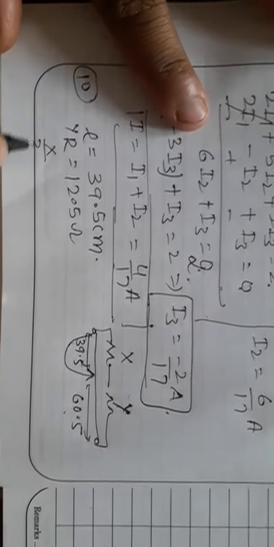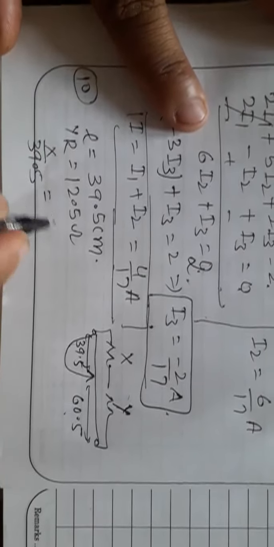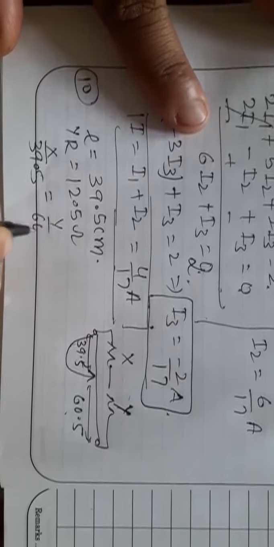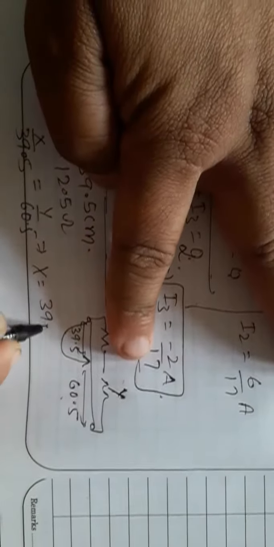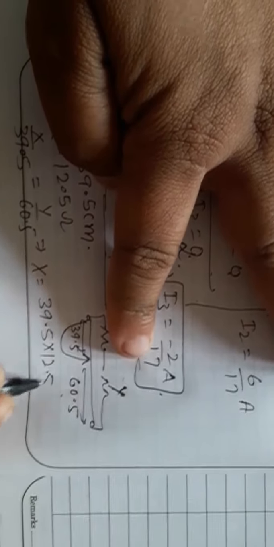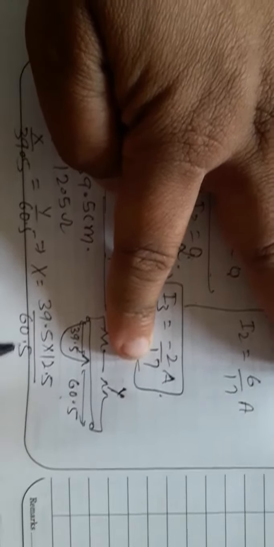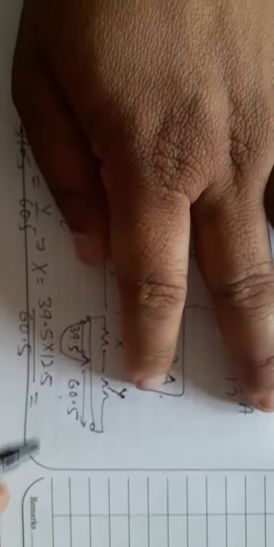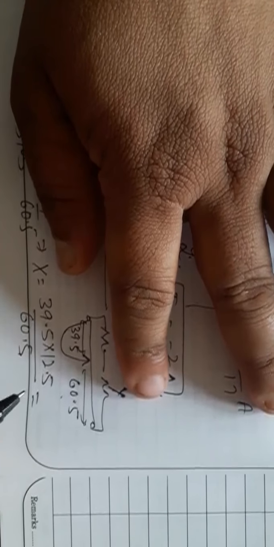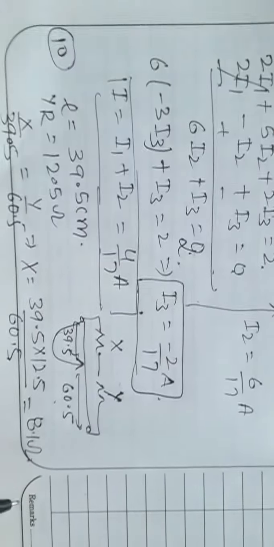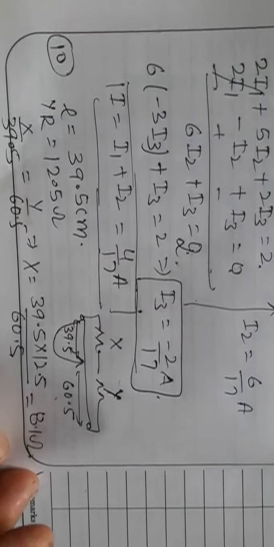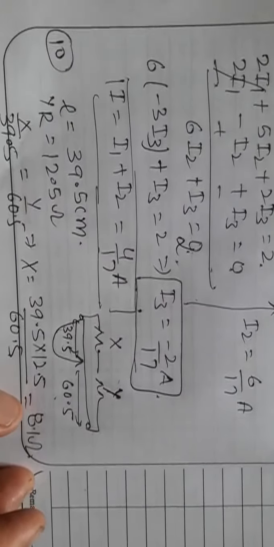So X upon 39.5 is equal to Y upon 60.5. This implies X will be equal to 39.5 into 12.5 divided by 60.5. When I solve this with the help of a calculator, the answer comes out to approximately 8.1 ohm. That will be the answer of this question.